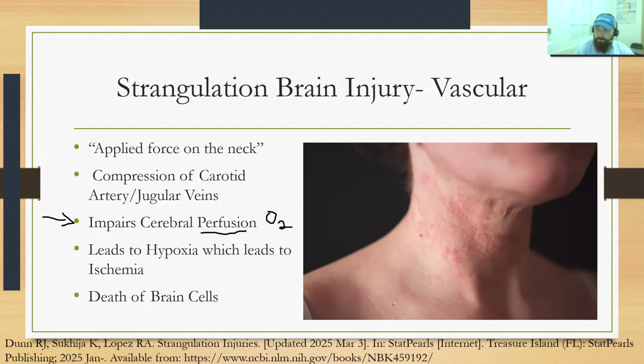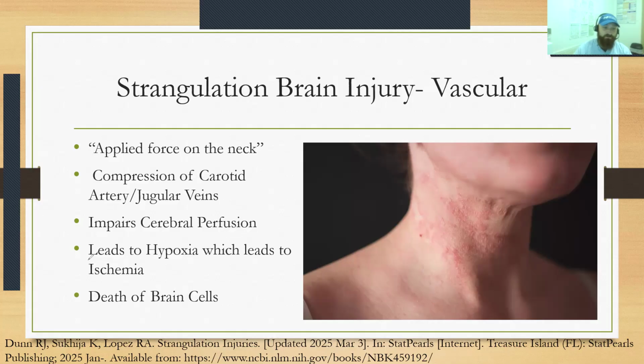If the blood that is carrying oxygen to the brain can't get there because of applied pressure to the blood vessels, it will lead to cerebral damage due to the lack of oxygen, and perfusion is the oxygenation of the cells.